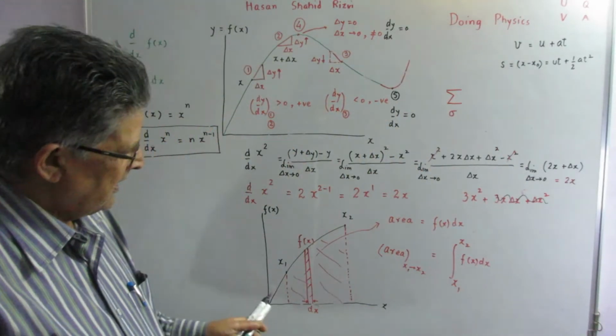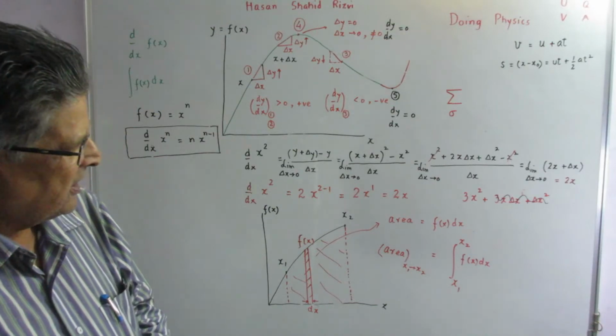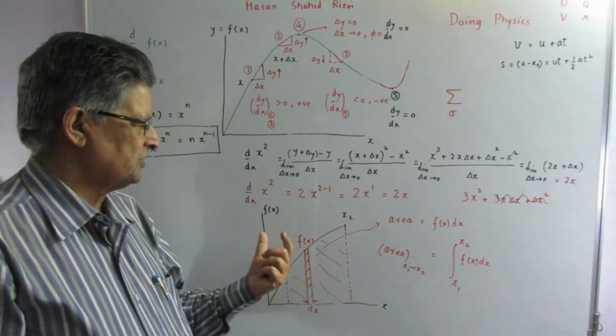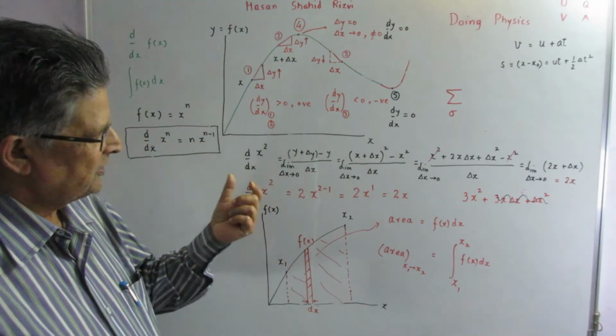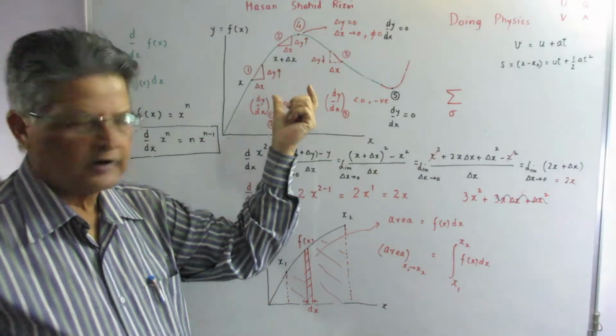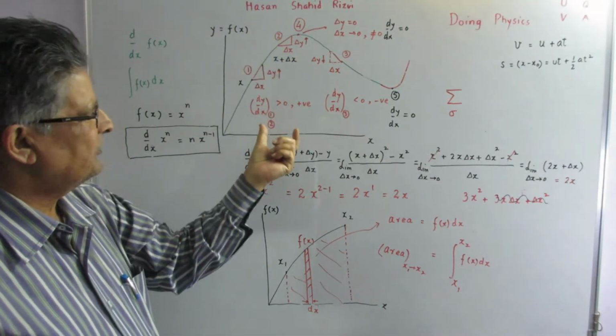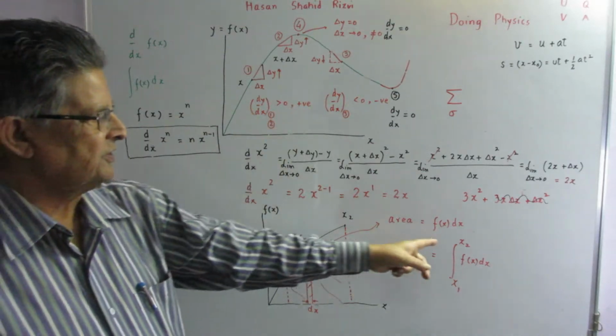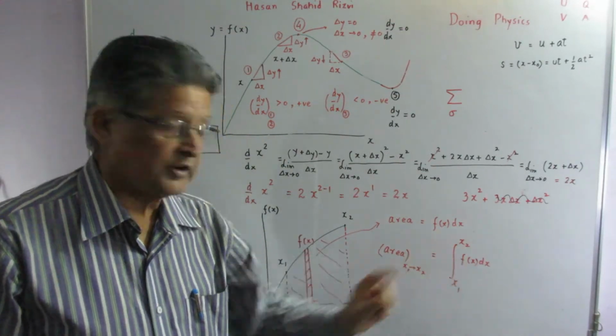So in this case we understand what is summation, what is integration, and what is the derivative, or what is dy dx, and this is integral dx of function x.